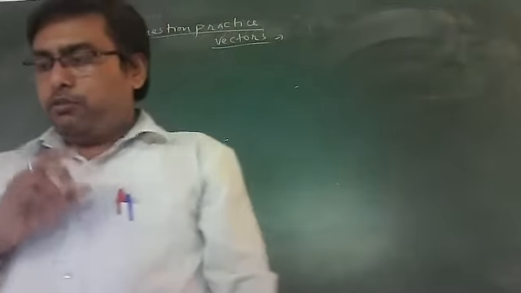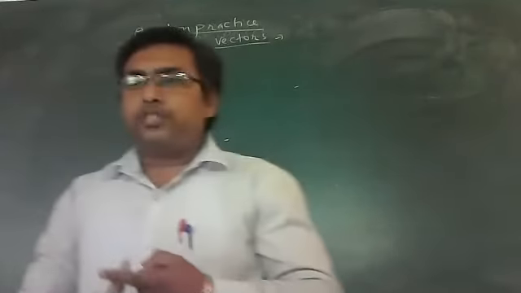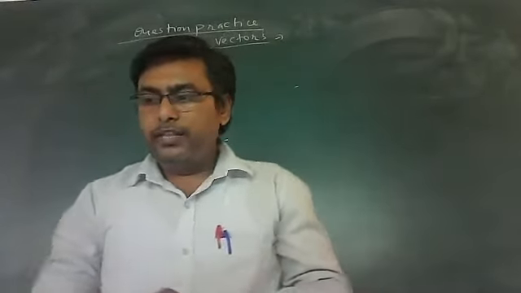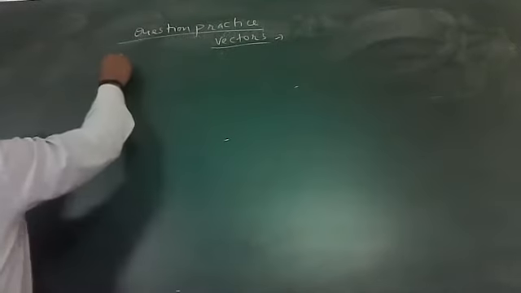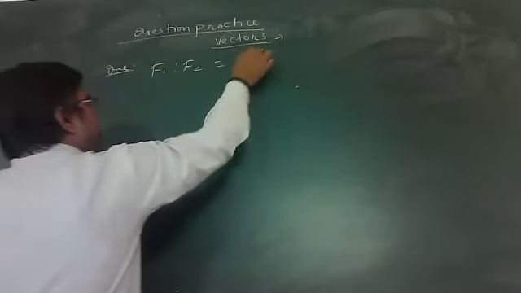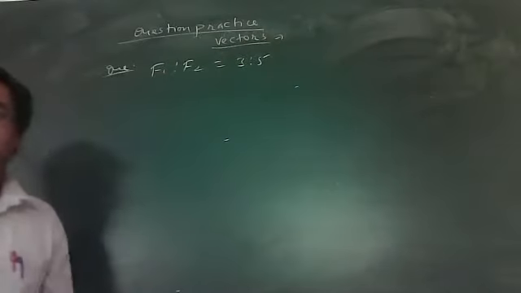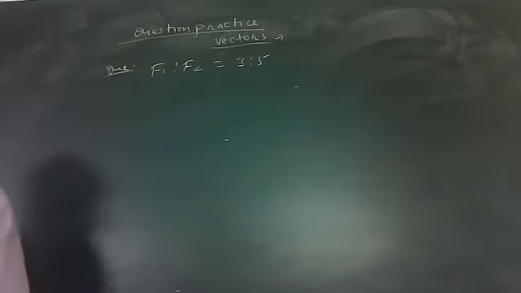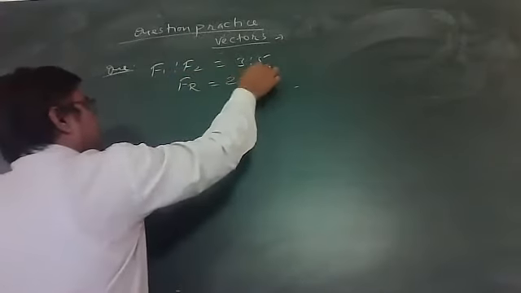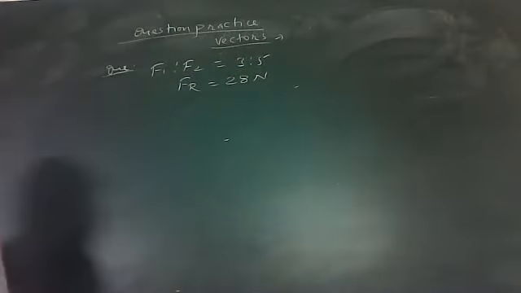Two forces whose magnitudes are in the ratio 3:5 give a resultant of 28 Newton.